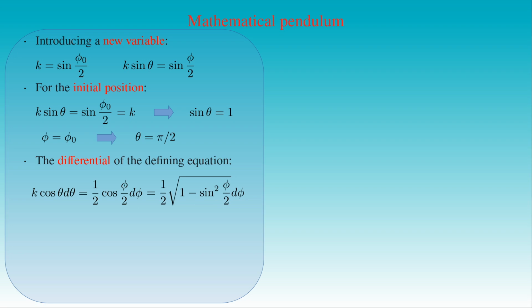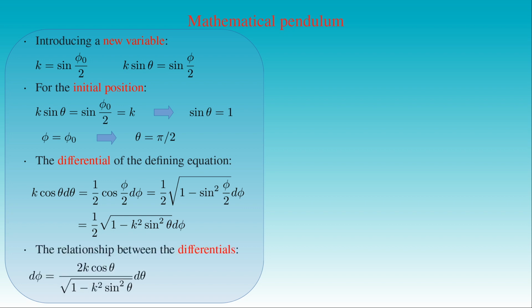If we substitute the definition of theta into the result, then we obtain 1 over 2 times the square root of the difference between 1 and k squared times the square of sine theta, times d theta. We can express the differential of the angle phi from this equation as the ratio of 2 times k times cosine theta to the square root of the difference between 1 and k squared times the square of sine theta, times d theta. We will use this equation to change the variable in the integral of the equation of motion of the pendulum.